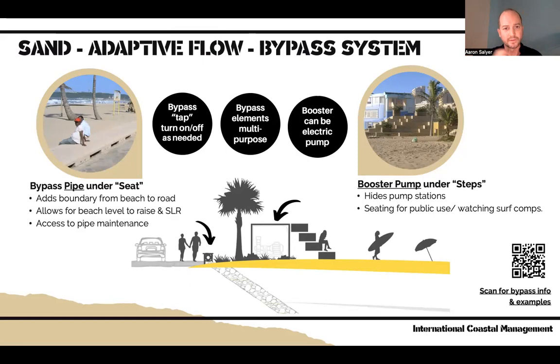So we're looking at introducing a bypassing system, which would literally pump sand from the north side of the Oceanside harbour down onto the beaches at Oceanside. And the bypassing system is a super efficient and successful way of being able to control the longshore sand flow within an area. And on the Gold Coast, we actually have 2, one at the very south and one at the very north.